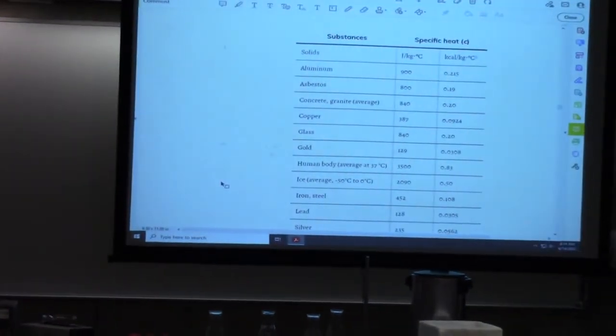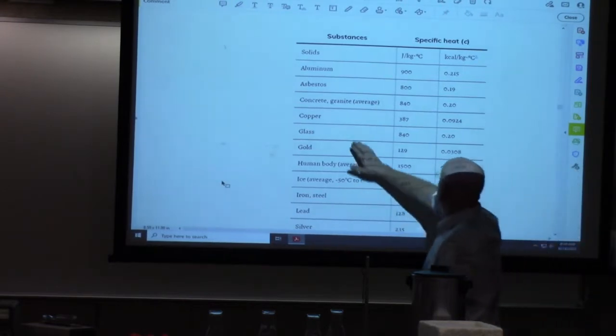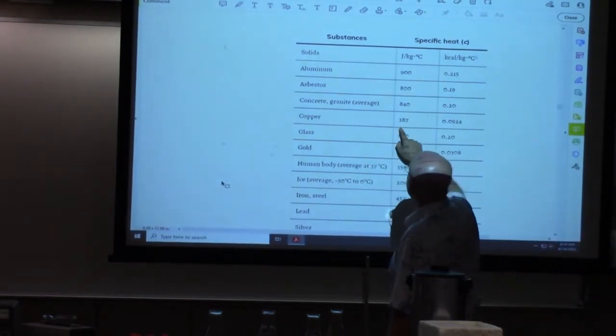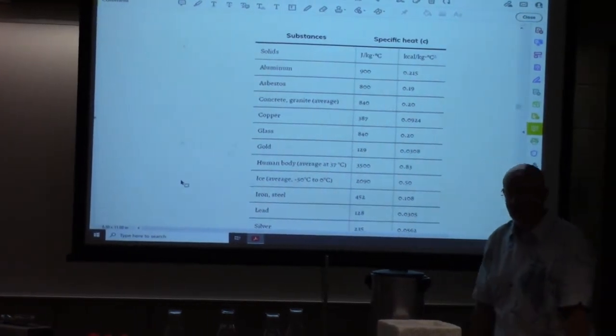If we go to brass, and I don't think they have brass listed, but since brass is mostly copper, let me pick on copper. And so copper here is much less, somewhere between a third and a half here.